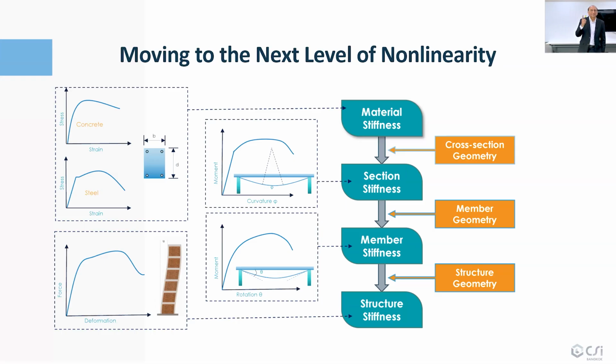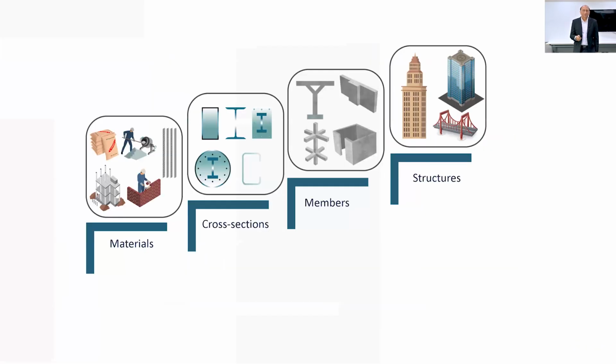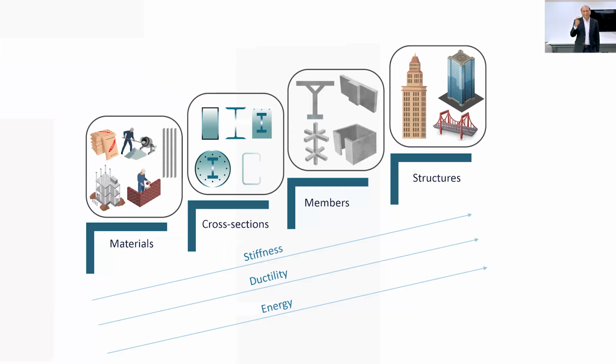So now we complete the cycle, or complete the story, of how the moment curvature curve based on stress strain curves can lead to the structure's nonlinear deformation computations. So we can build up the stiffness, ductility, and energy in that concept.